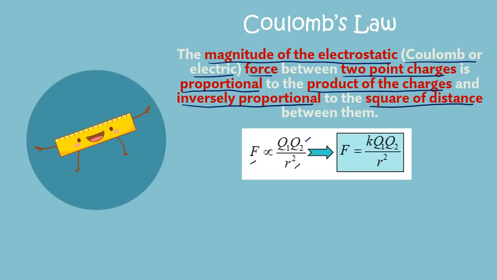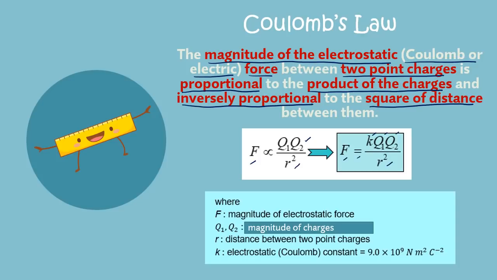Or we can write the equation F equals K Q1 Q2 over R squared, where F is the magnitude of the electrostatic force, Q1 and Q2 are the magnitudes of the charges, R is the distance between the 2 point charges, and K is the electrostatic or Coulomb constant, 9 times 10 to the power of 9 newton meter squared per coulomb squared.